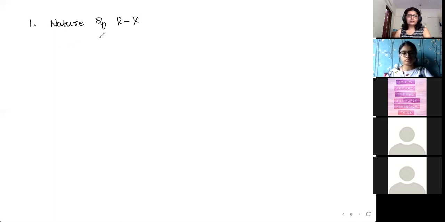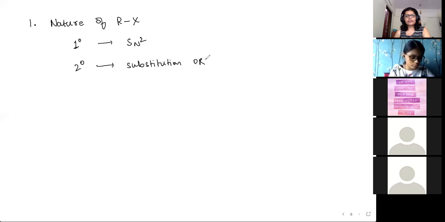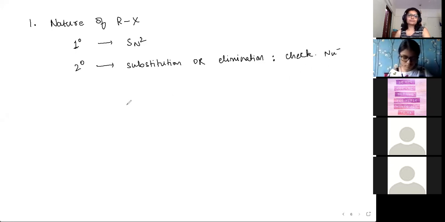If it is a primary haloalkane, then straightforward, you can say SN2 mechanism. If it is secondary, then there is likelihood of either substitution or elimination. So in this case, you need to check what is the nucleophile, what is the reagent you're using.